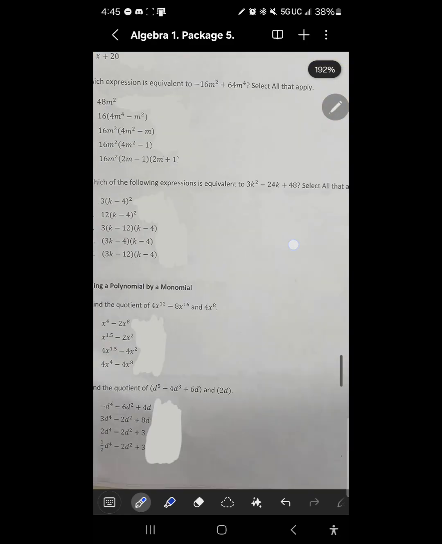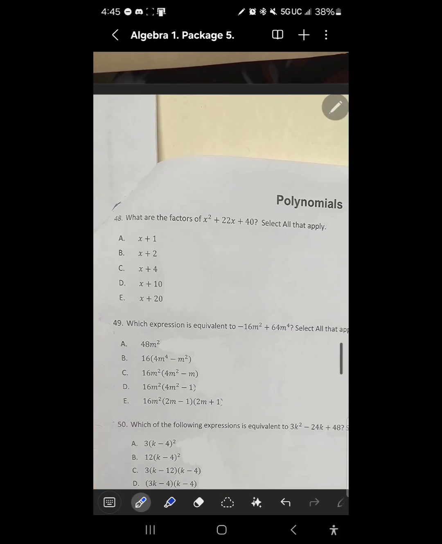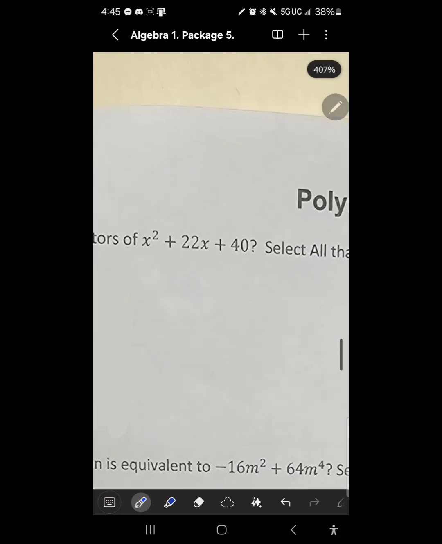Now 47, let me see something. Okay, we need to hurry because we want to finish this today. So what are the factors of this? Again, the same: x times x is x squared, 40, and let's see, 20 and 2.